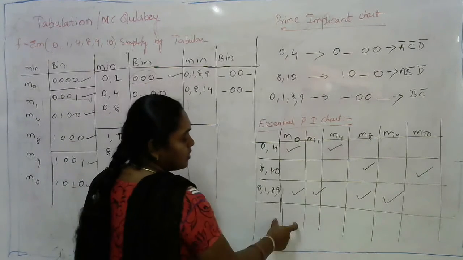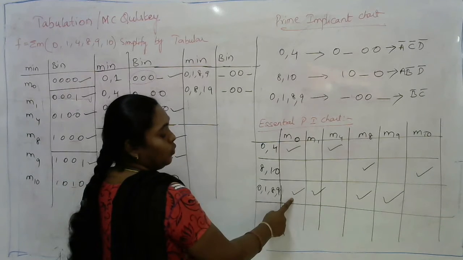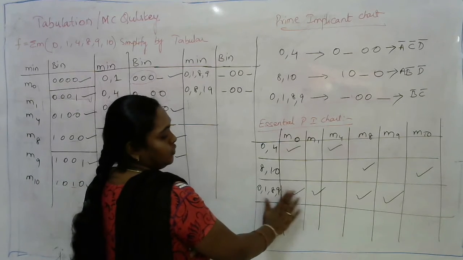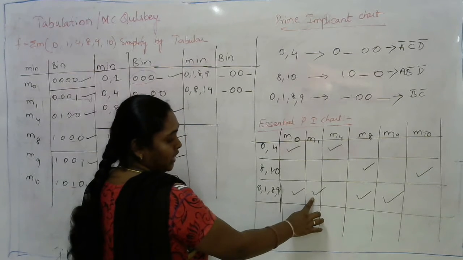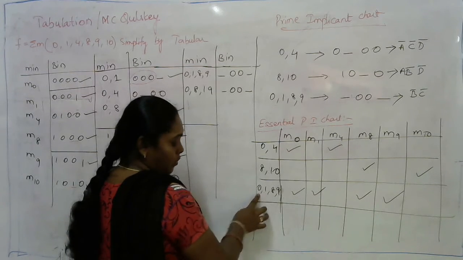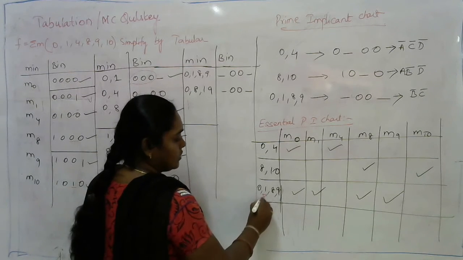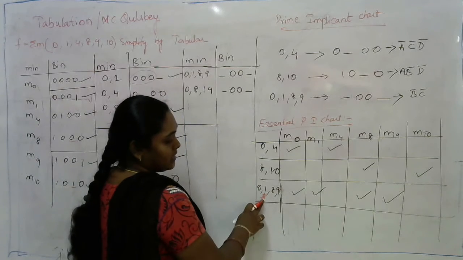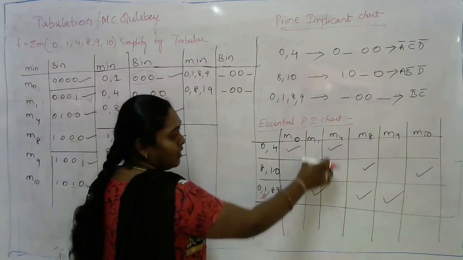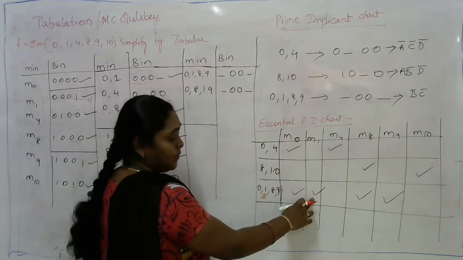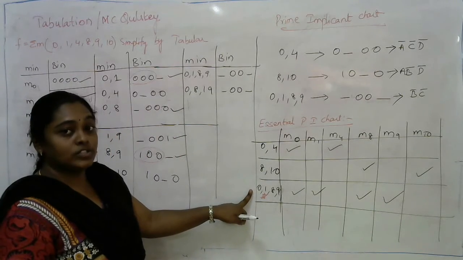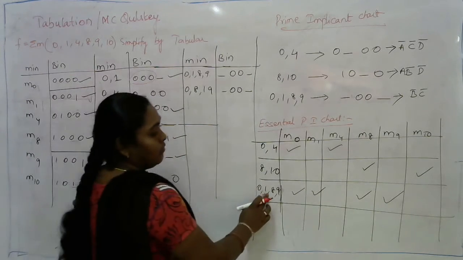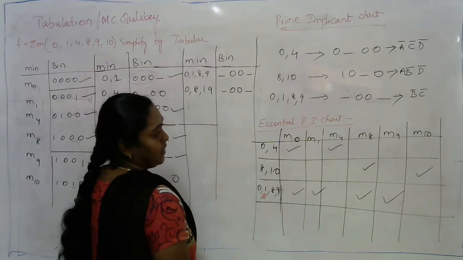In the first column, as I am having two tick marks, I should not consider the first one. As M1 is having a single tick mark, the corresponding row is called an essential prime implicant. So the star mark indicates the columns which have a single tick mark; the corresponding prime implicants are essential prime implicants. So 0, 1, 8, 9 is an essential prime implicant.